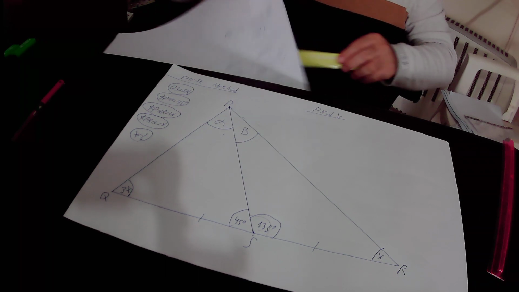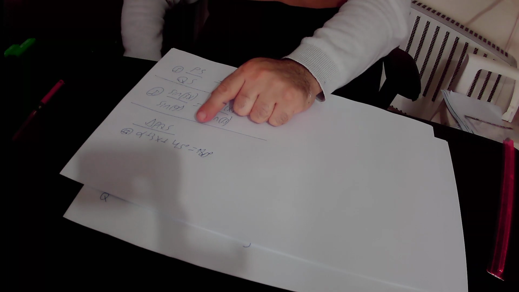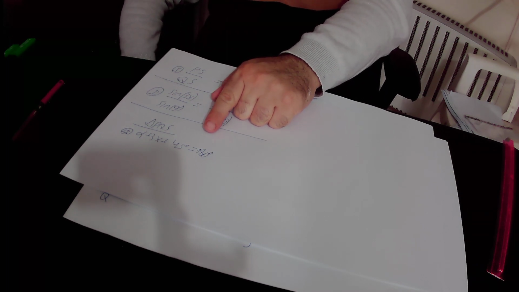I'll repeat again on question number 2. Moving to question number 2, the sum of the angles in triangle PQS is equal to 180 degrees. That is to say, alpha plus 3x plus 45 degrees equals 180 degrees.